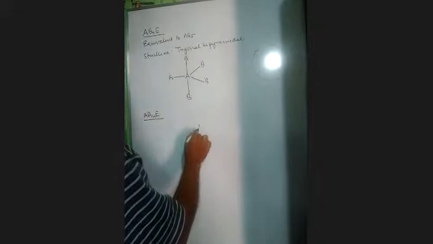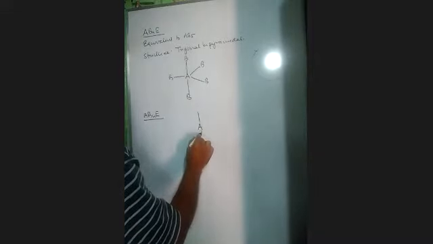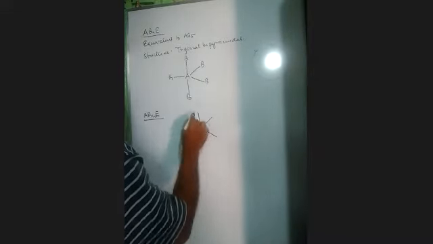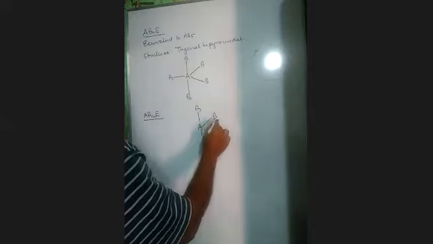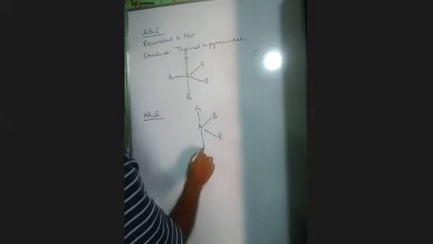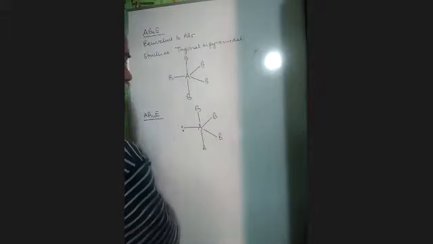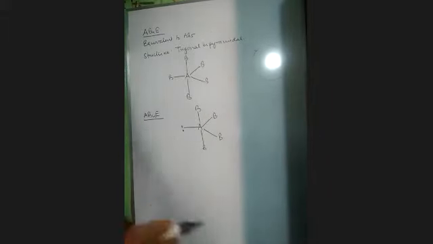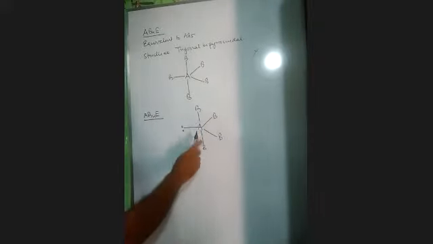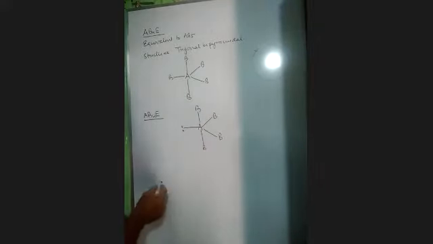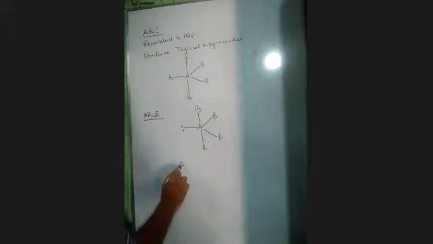Now AB4E. So what am I going to type? B, B, B, B, and this is this one. This is not visible to us. How does it look like? I know it is a bit difficult for you to visualize. So I'll rotate this. This is the vertical structure. I'll make it horizontal. See that.